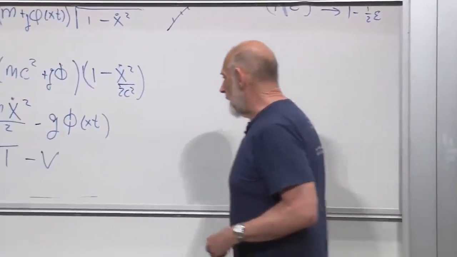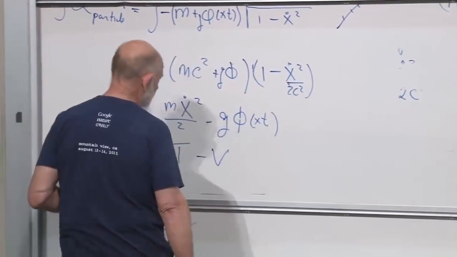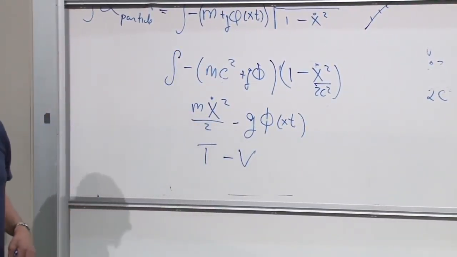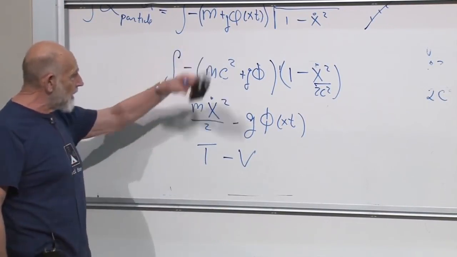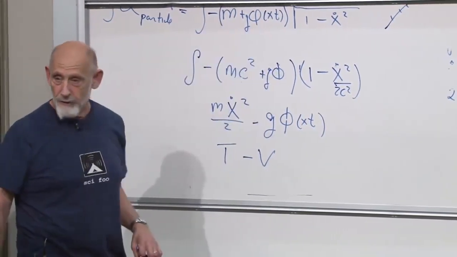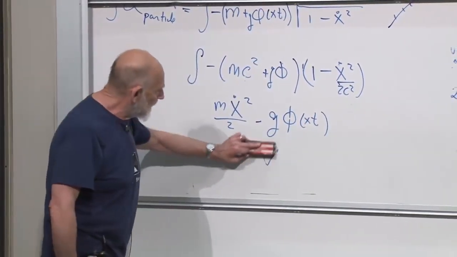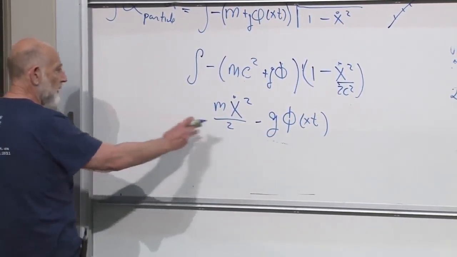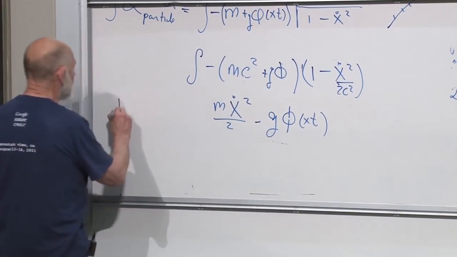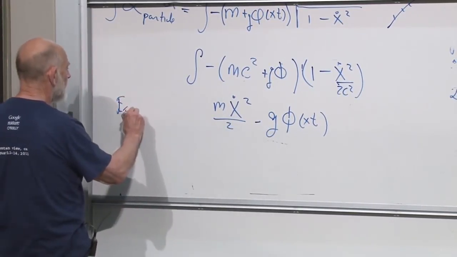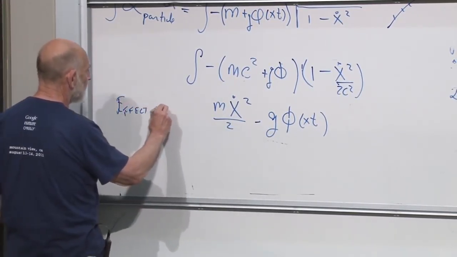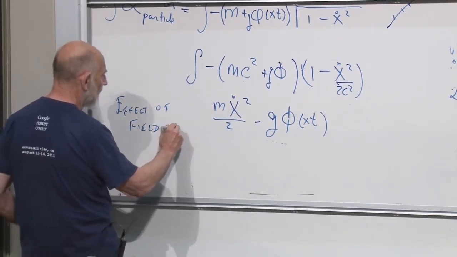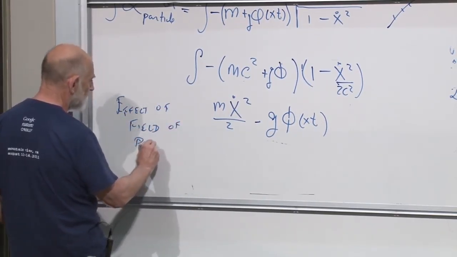But if you like, in this limit, the non-relativistic limit, and the only reason I do the non-relativistic limit is so we don't have to muck around with all these square roots of 1 minus v squared, just to illustrate a point, this represents the effect of the field on the particle.